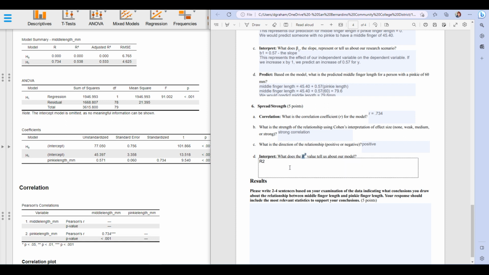R squared tells us how well our model explains the variability we see in the dependent variable.